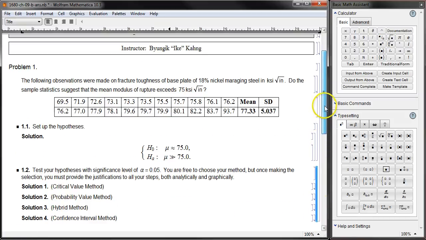We talked about critical value method and probability value method. Now let's talk about hybrid method. Hybrid method, just like probability value, you find out t-bar, and just like critical value method, you look for the t-score for the critical value.